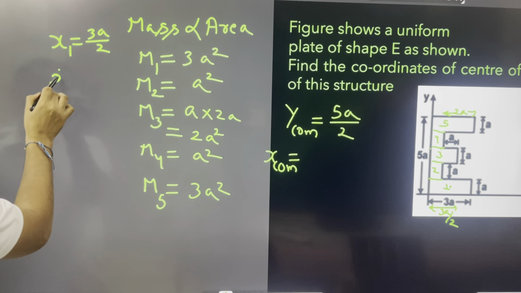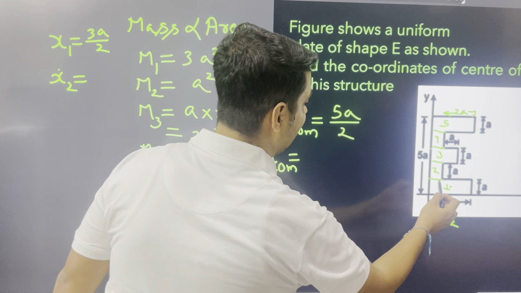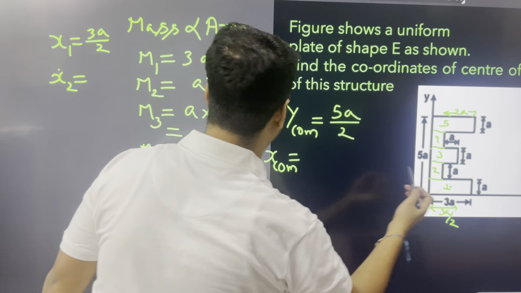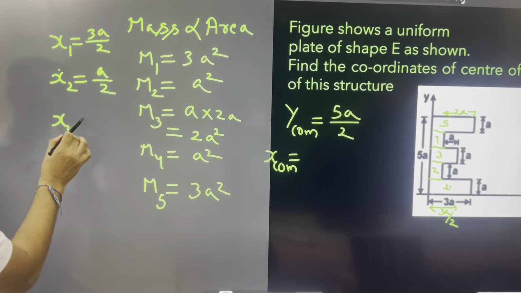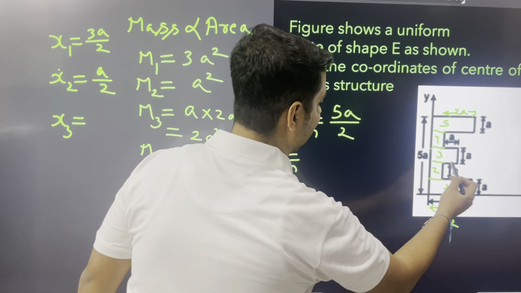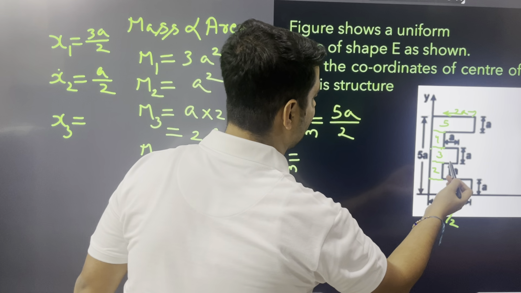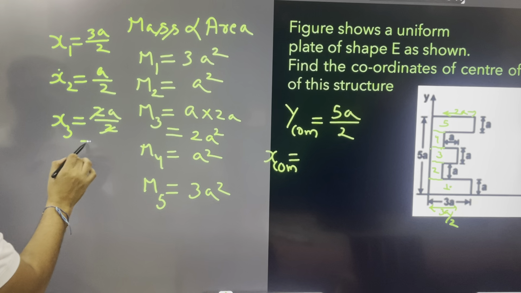What is x2? From here it is a length, so its physical center along x is a by 2. So x2 is a by 2. Same way x3. Along x, how much length is it? It is a plus a, 2a. So 2a by 2 is a. x3 is a only.